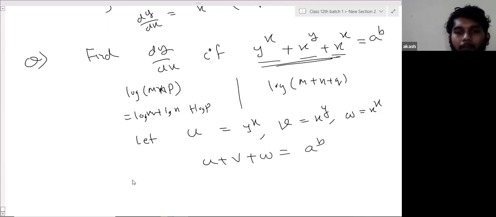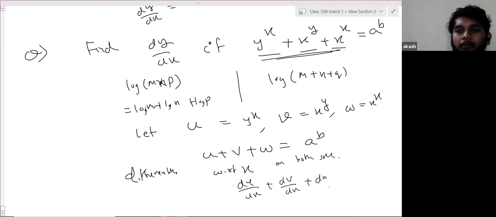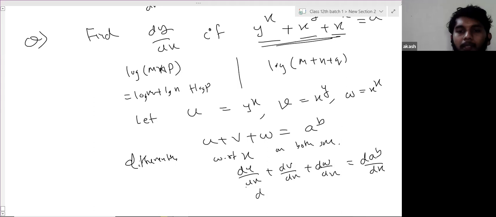So differentiating with respect to x on both sides, we have du by dx plus dv by dx plus dw by dx is equal to differentiation of a raised to the power b with respect to x. All right, so this will be du by dx plus dv by dx plus dw by dx equals to 0, right?